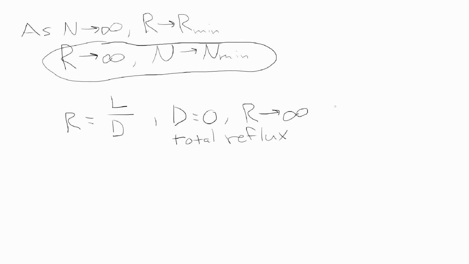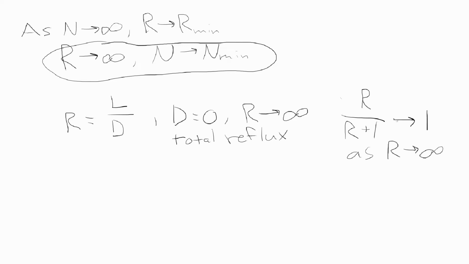trapped in the column. Okay, so if we have a reflux ratio of infinity, we know that the slope of the rectifying section operating line is R over R plus 1. And of course, as R approaches infinity, the limit of this expression is going to be 1.